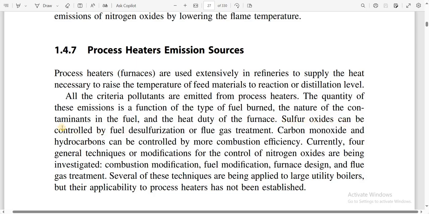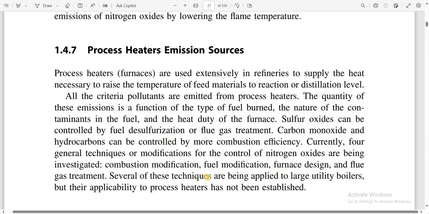Sulfur dioxide can be controlled by fuel desulfurization or fuel gas treatment. Carbon monoxide and hydrocarbons can be controlled by more combustion efficiency. Currently, four general techniques for the control of nitrogen oxide are being investigated: combustion modification, fuel modification, furnace design, and fuel gas treatment.